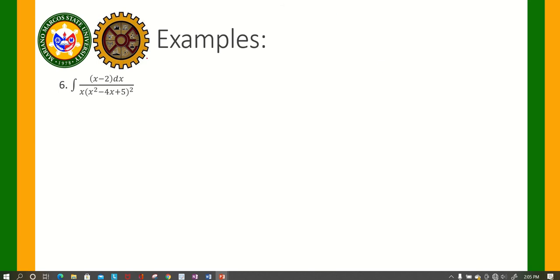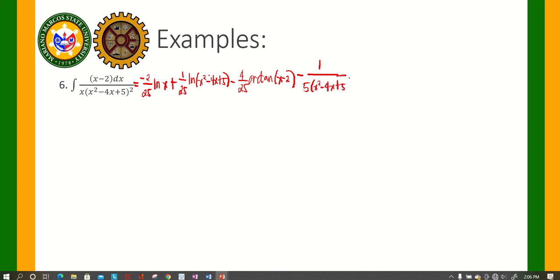Now, let's plug it in here. So, this will be equal to our first term, negative 2 over 25 ln of x, plus our second term, 1 over 25 ln of x squared minus 4x plus 5. And then for our third term, negative 4 over 25 arctan(x minus 2). And then minus 1 over 5 times x squared minus 4x plus 5 for our fourth term.